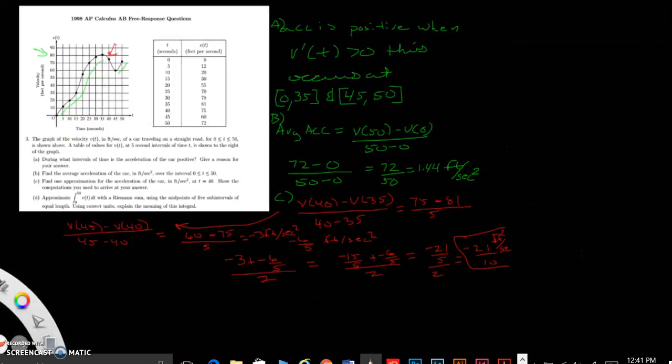It says use midpoints, right? So I'm going to do 50 minus 0 over how many subsections it wants. So that's 5. Basically you're doing b minus a over n, and that's how you get the thickness. So you're going to get 50 over 5, which is 10.